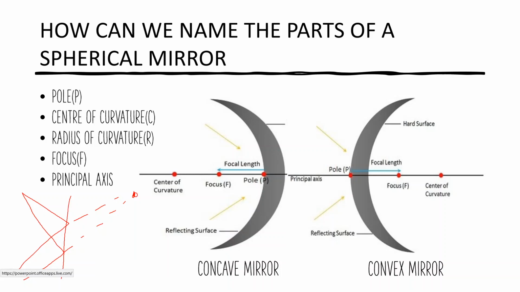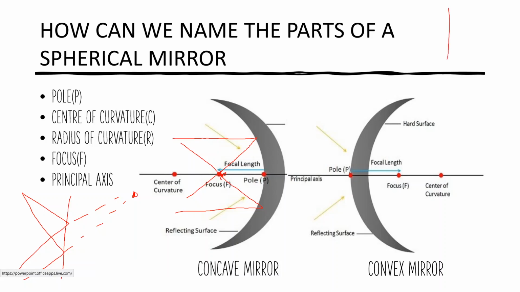For a real image, I'll show that here. This is one ray, this is another ray, and the reflected ray will be like this because the angle of incidence is equal to the angle of reflection, and the same here, it will be like this. Here you can see they are meeting, but here they are never meeting.